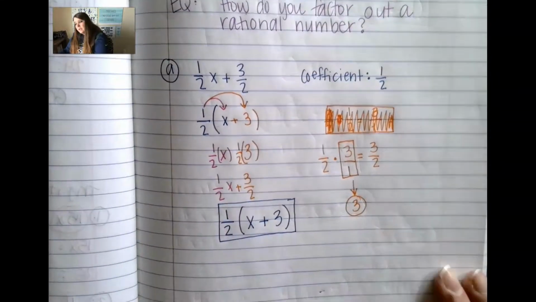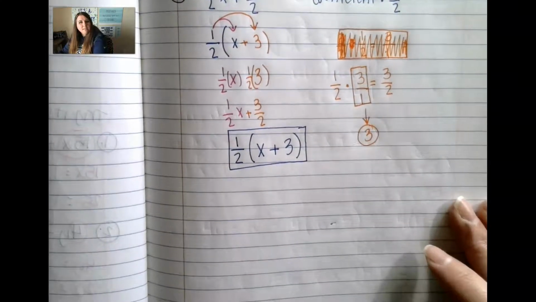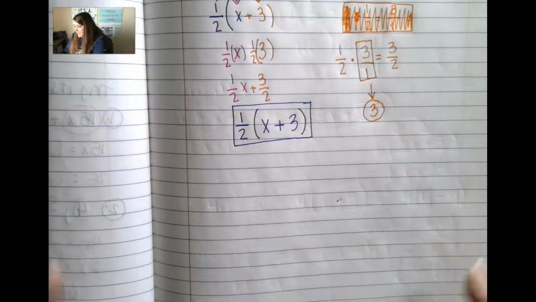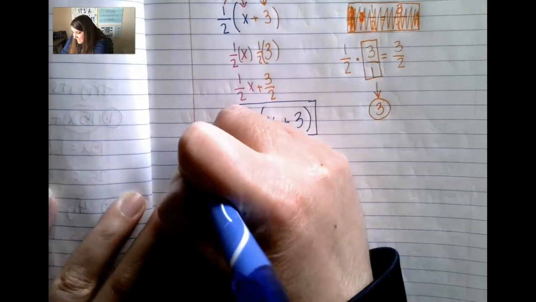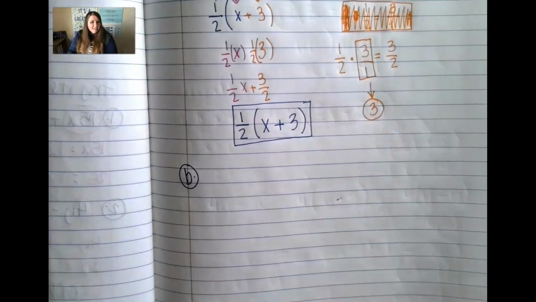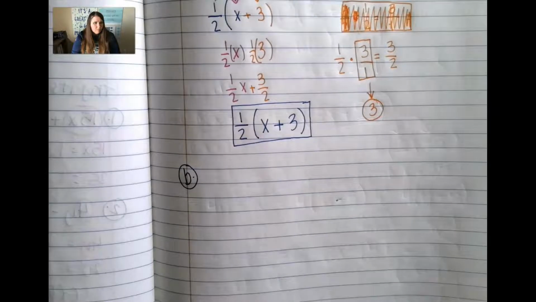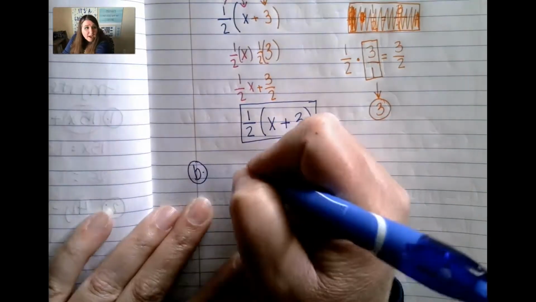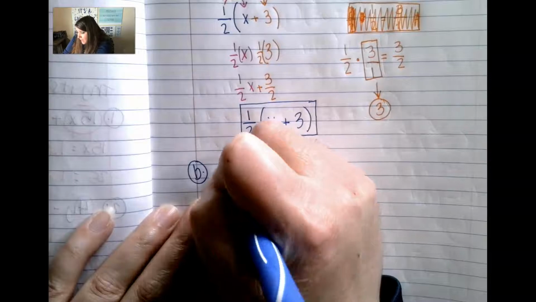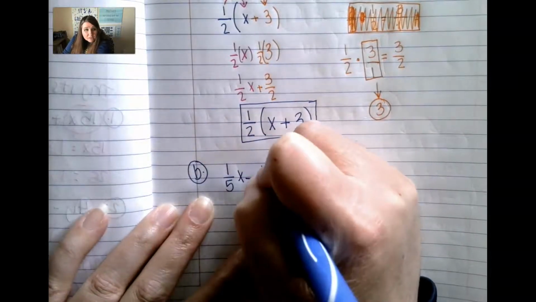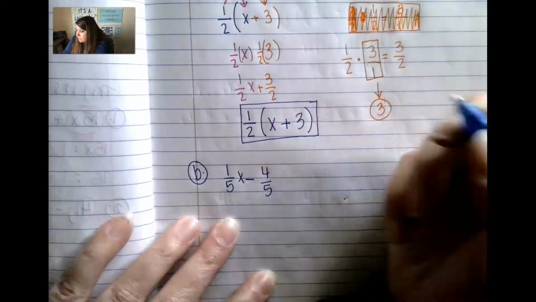Okay, let's do another example, and hopefully this time I won't have a bunch of scribbles on my paper. Our second example is to factor out the coefficient when we have 1/5 x minus 4/5.